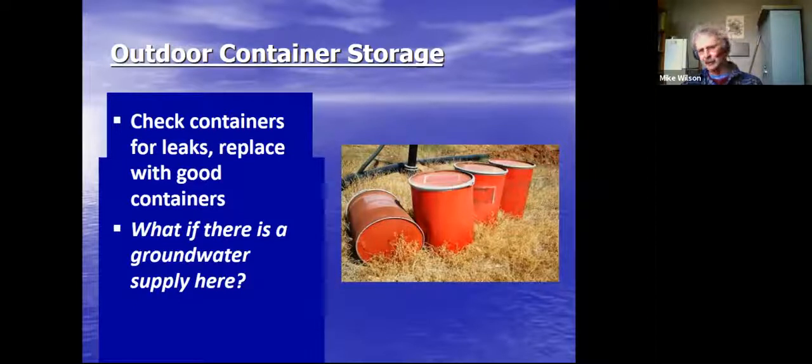Because if there were a groundwater supply here, looking at these containers in this picture, especially the one tilted over, it has potential for leaking. And if that's your well, the water you're drinking in your shop, making your coffee with, you've got a high potential for that getting polluted with those containers there.